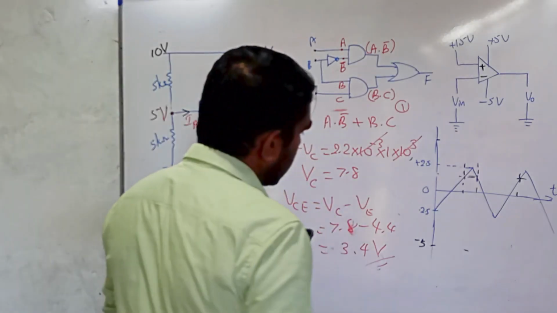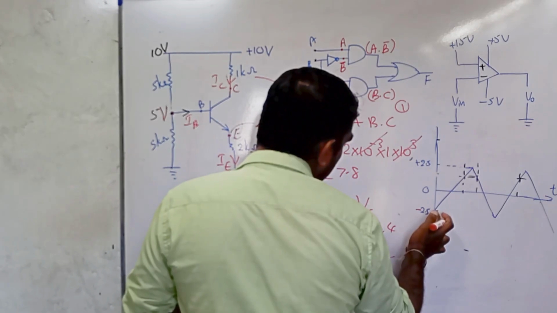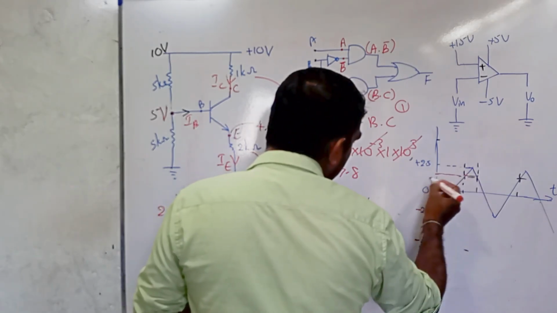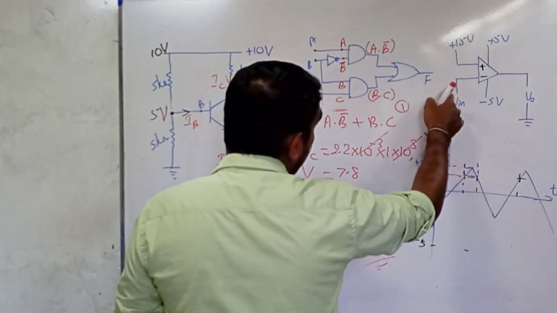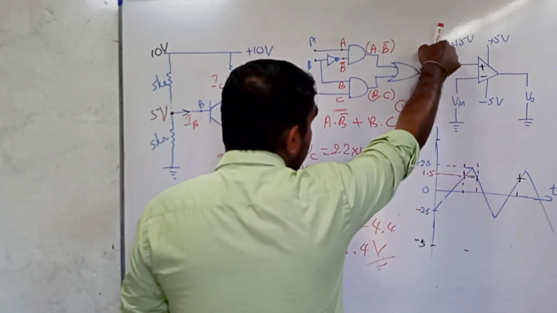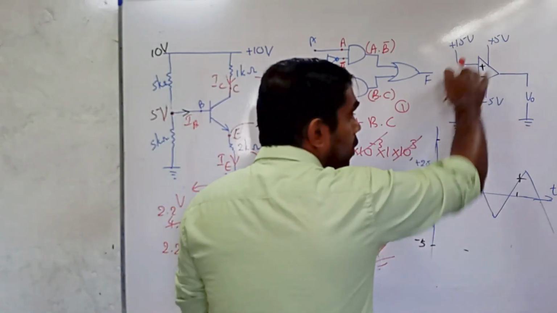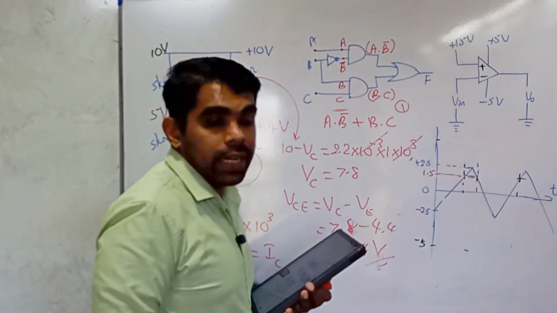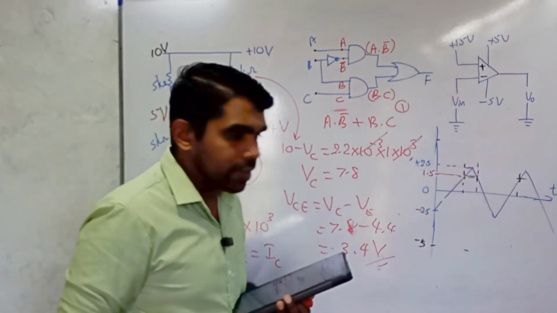We can consider that when increasing the input voltage from minus 2.5 to 1.5, the input voltage is less than this 1.5. Therefore, the voltage of the plus terminal is a greater value. We can consider that the circuit is plus saturated.